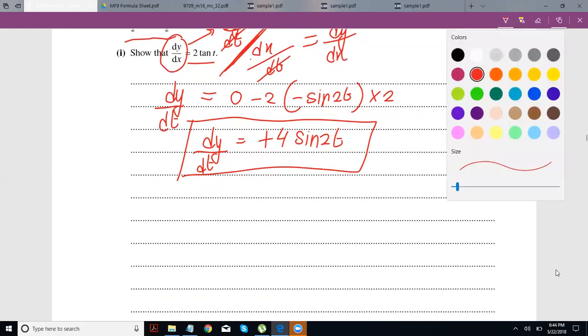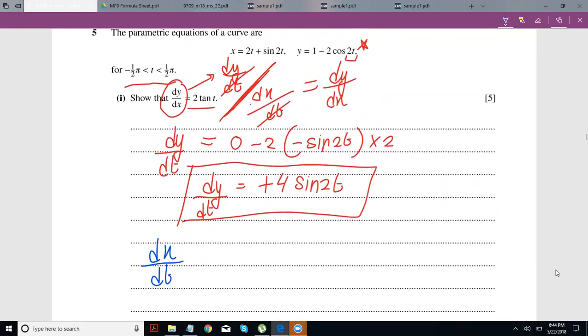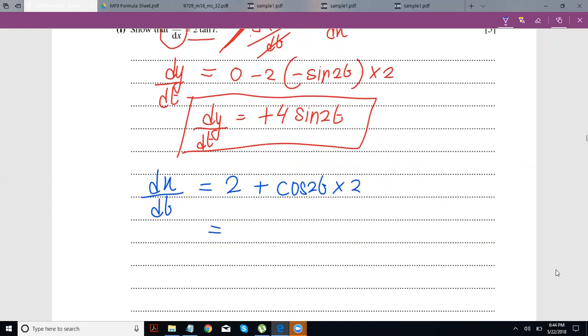Correct? And now you want to calculate dx over dt, not dy over dx, too soon for that. So differentiating the equation that you're given here: the differential of 2t is simply 2. The differential of sine 2t is cos 2t into 2, which gives you 2 plus 2 cos 2t.